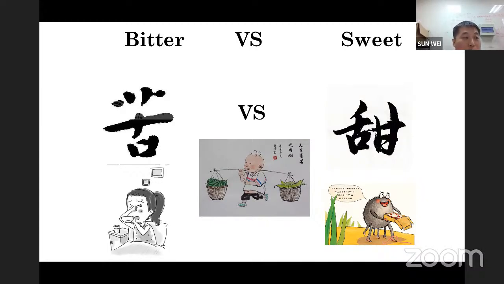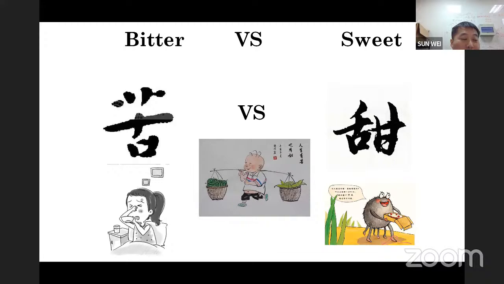Many of these small molecular compounds have medicinal properties for humans. When these ingredients enter the human mouth, they often taste bitter or sweet. There is an old Chinese saying that a good medicine tastes bitter, and nothing sweet comes without bitter.